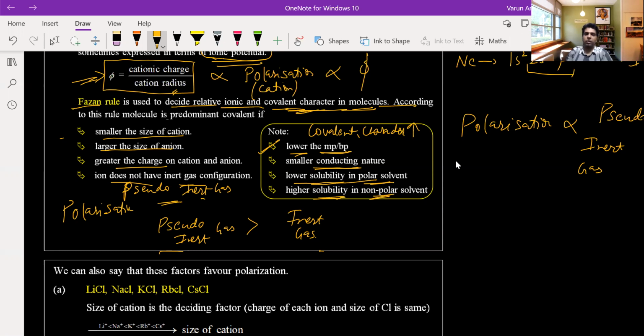Non-polar solvents are like carbon tetrachloride, then benzene. So these are non-polar solvents. So ionic compounds are soluble in polar solvents and covalent compounds are more soluble in non-polar solvents.